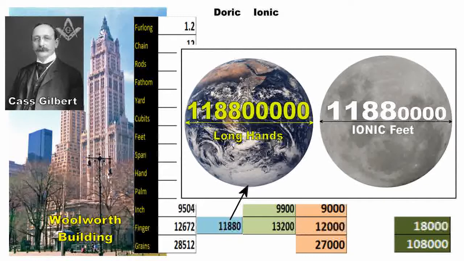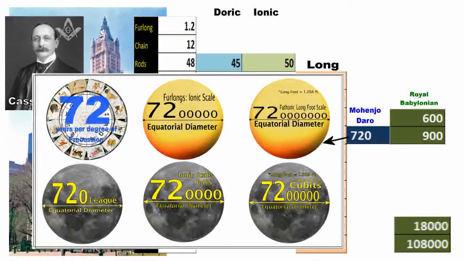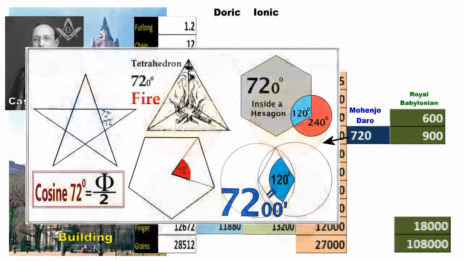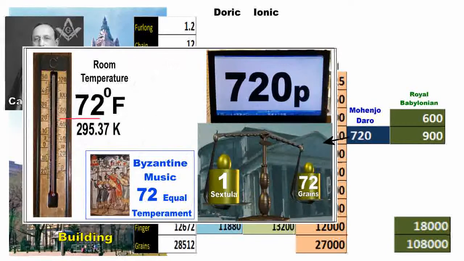11,880. Well, Earth and Moon being described by this Ionic and the long scale. But for instance, 720 on the Mohenjo-Daro or the Harappa scale, 72 years per degree of precession, which will link the Earth to the stars through the Sun, the equinox. But also we have the Moon, and the same numbers, very powerful in regards to geometry, the vesica, the hexagon, tetrahedron, a platonic solid, also in the pentagon, pentagram, and links us to Phi.